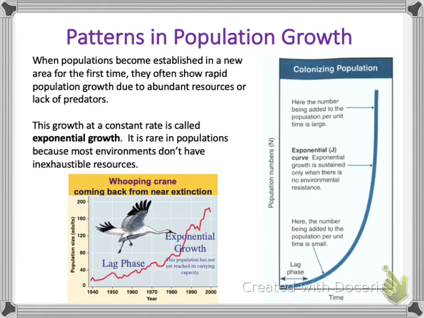Now, once we have an idea of population size, we can then look at population size changes over time, which is population growth. And there are different patterns in population growth. Our first pattern we're going to look at is something called exponential growth.